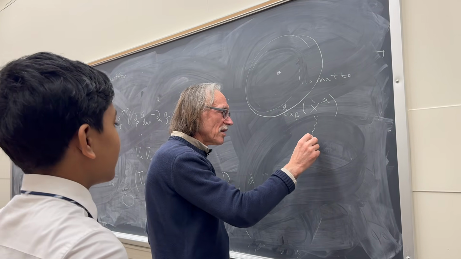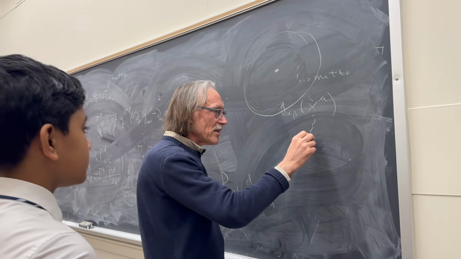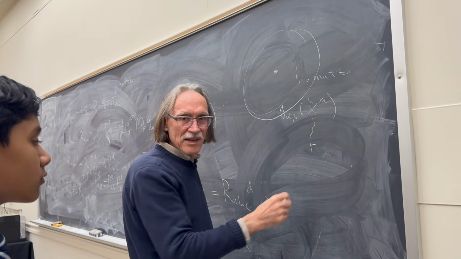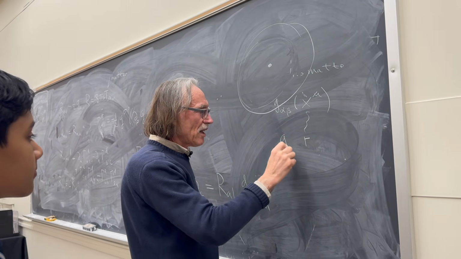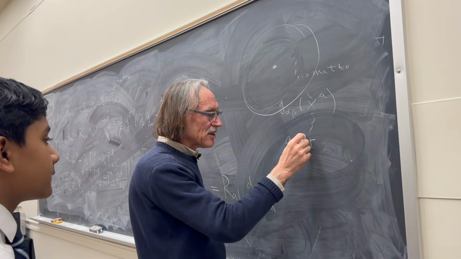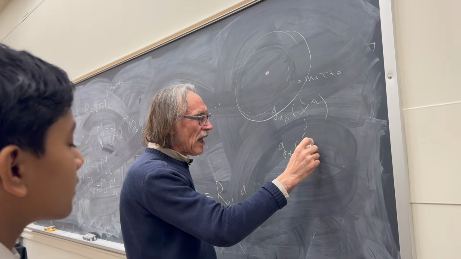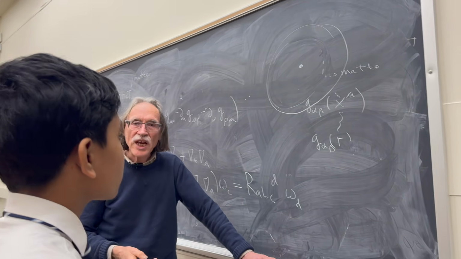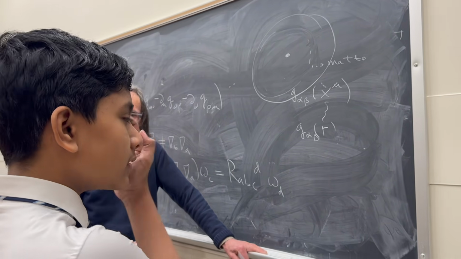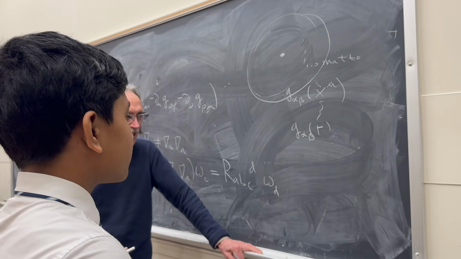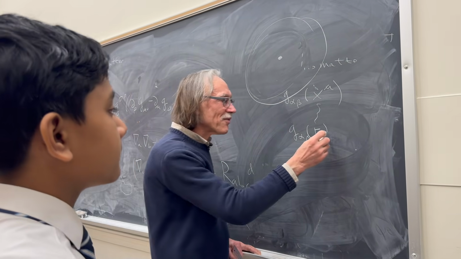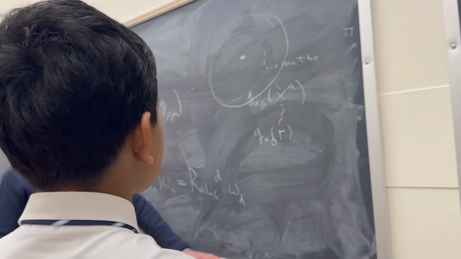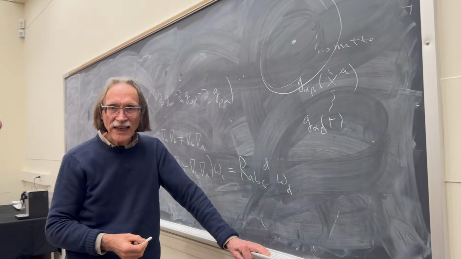It only depends on the r variable. So g alpha beta is a function of r. And you also think that a black hole doesn't change, so it's not a function of time. Exactly. So it is only a function of this, and that simplifies things a great deal.